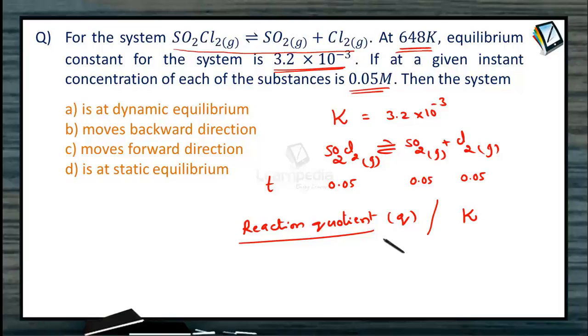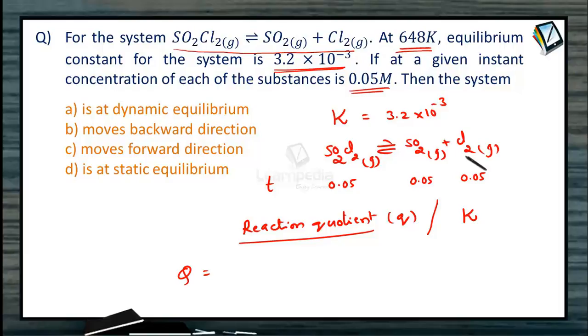But what is the difference between the two, reaction quotient and equilibrium constant? This reaction quotient Q is nothing but the ratio of product of molar concentration of products to the product of molar concentration of reactants at that instant of time. What do you mean by that?